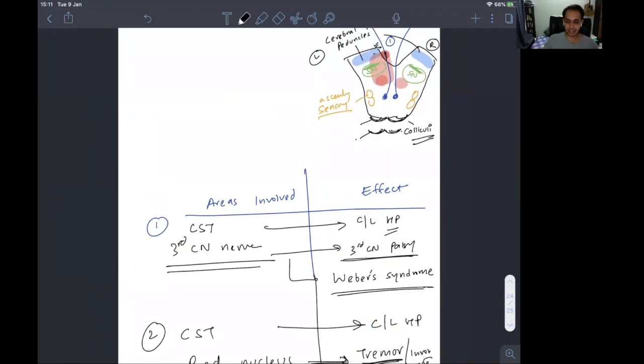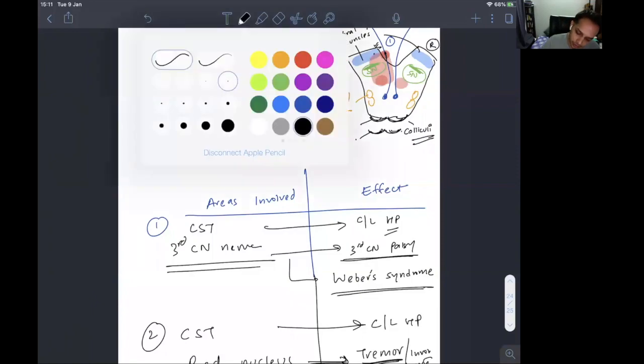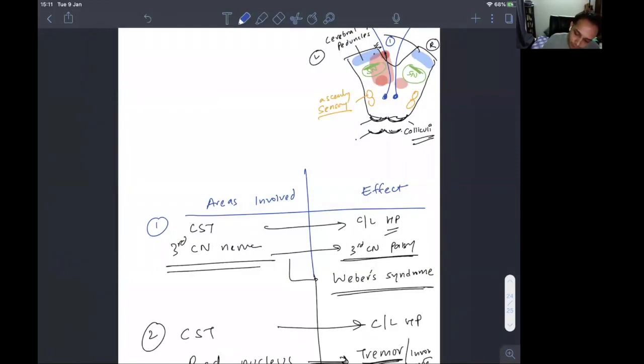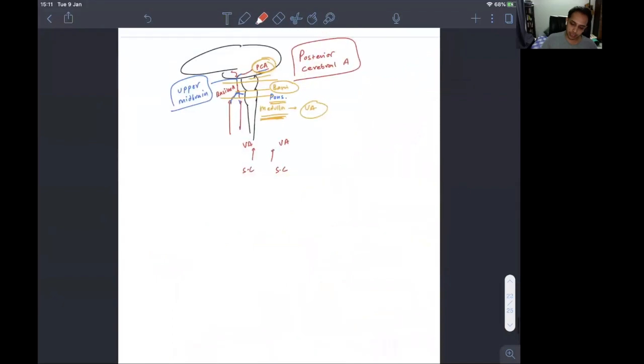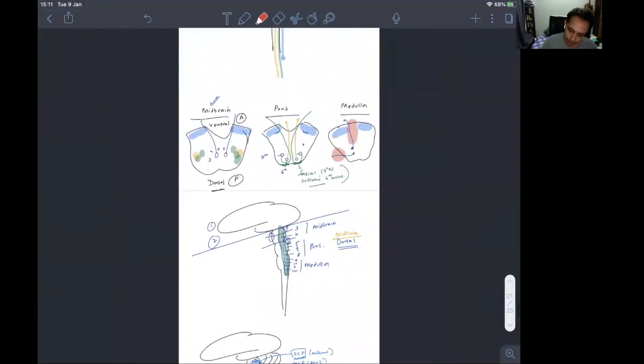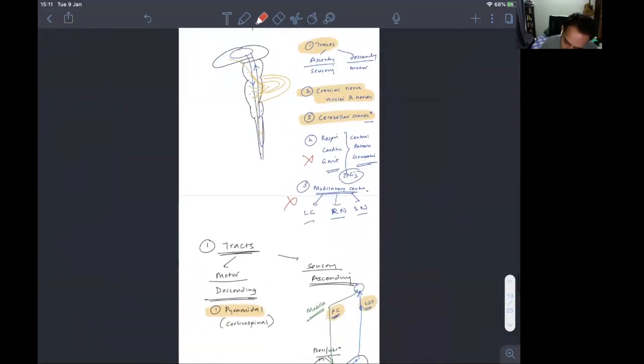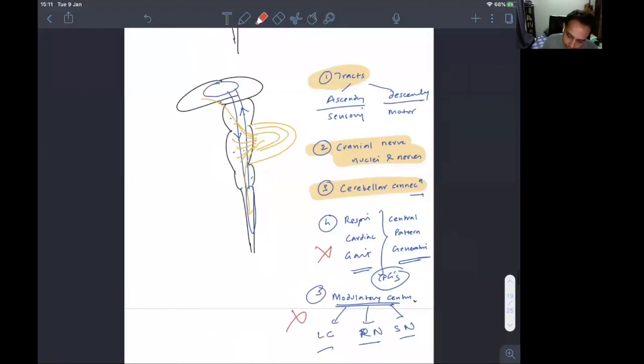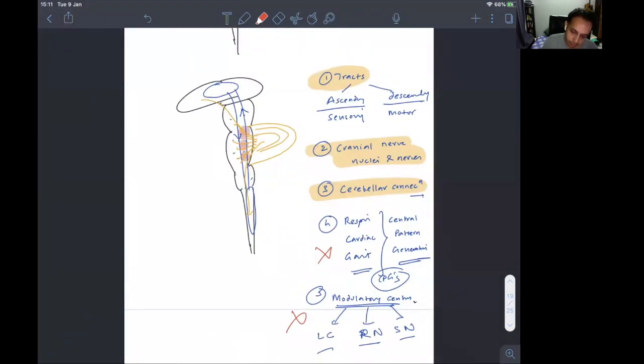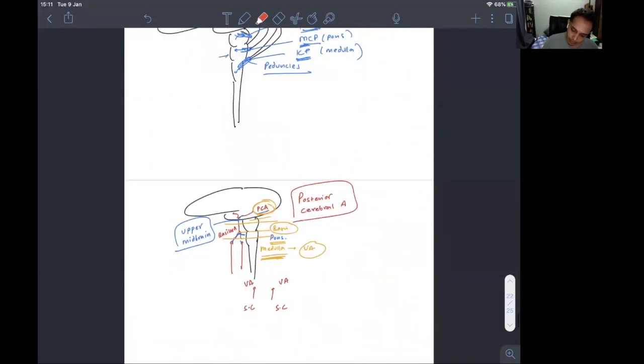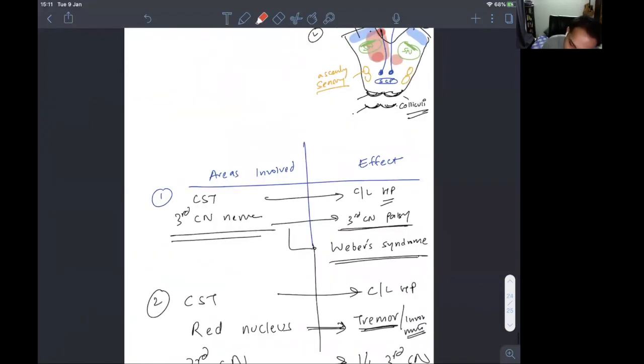Now, what else can be there? You also have your superior cerebellar peduncle here, because remember I told you that the fibers of the superior cerebellar peduncle go to your midbrain. So in the midbrain, the superior cerebellar peduncle is here.